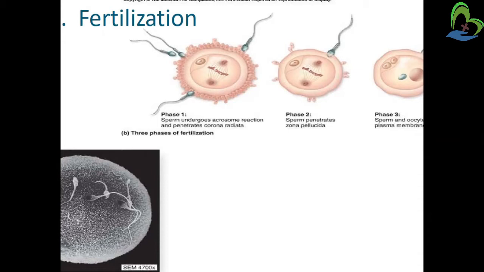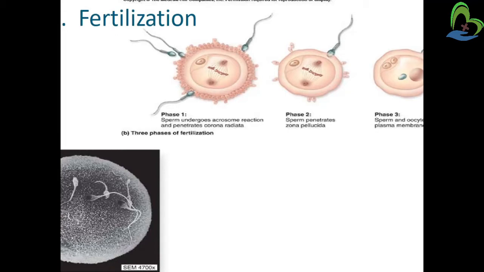There are 300 to 500 sperms, but only one sperm can break through the zona pellucida wall and enter. After one sperm enters, fertilization takes place and the fusion of sperm and ovum occurs. So this is the fertilization process.